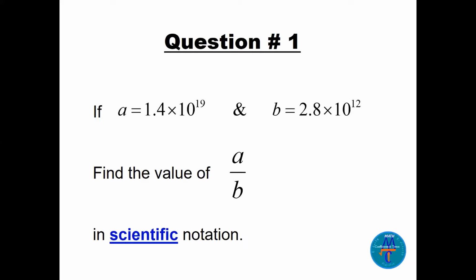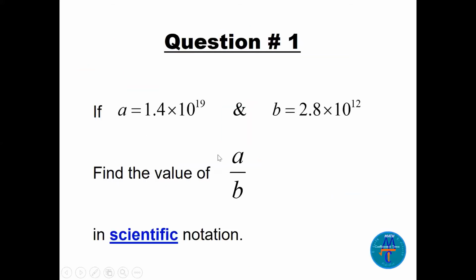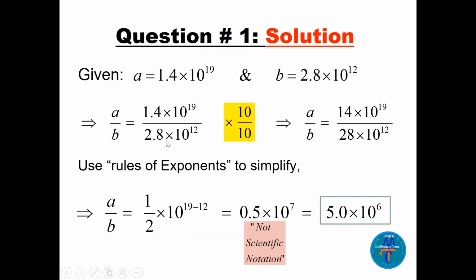The answer for A over B is 5.0 times 10 to the 6. Let's see how. A is 1.4 times 10 to the power 19, and B is 2.8 times 10 to the power 12.